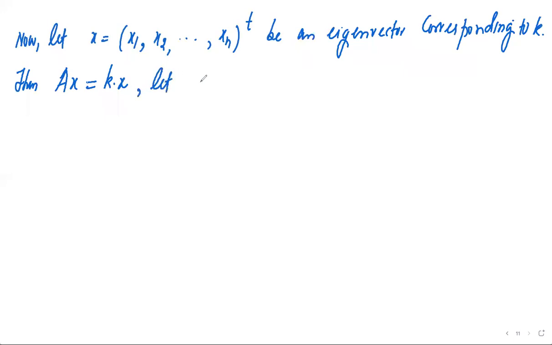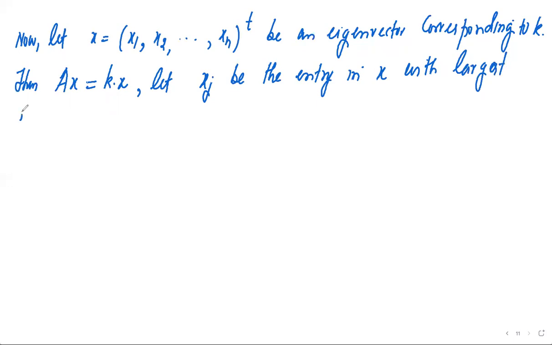And let xj be the entry in x with the largest absolute value.